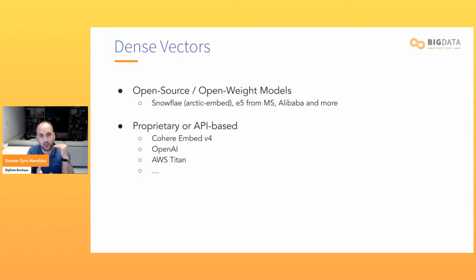Now they're going to have a limit of the number of tokens or the size of the text that you can push into them. So you cannot just push a document with 1 million words and expect to get a vector that is representative. There is going to be some limit, usually in the hundreds of tokens, sometimes more.